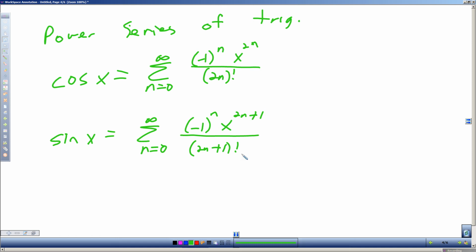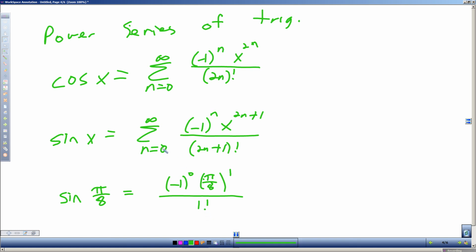Let's try sine of pi over 8. To do this, we're going to have first -1 to the 0 times pi over 8 to the 1 over 1 factorial.